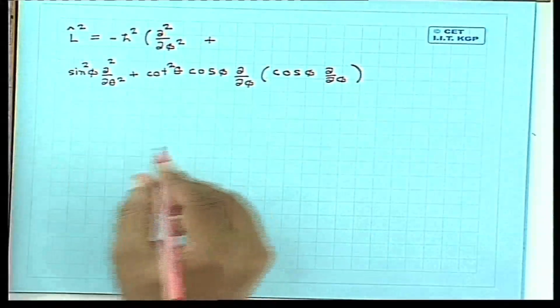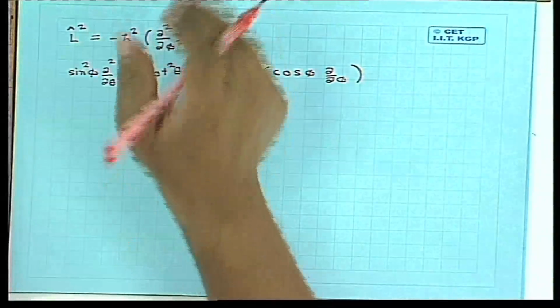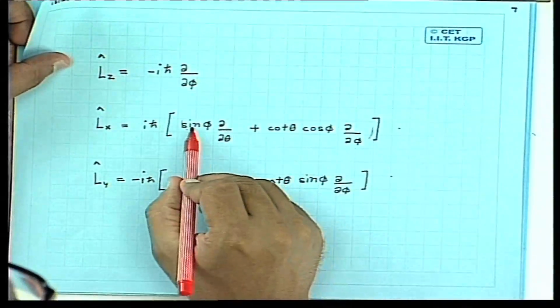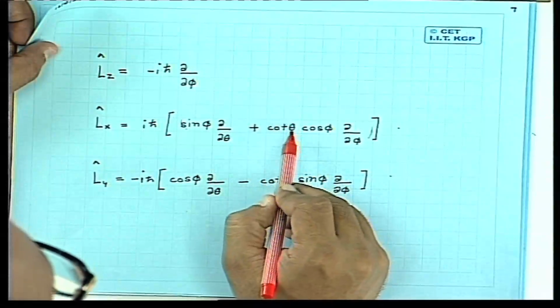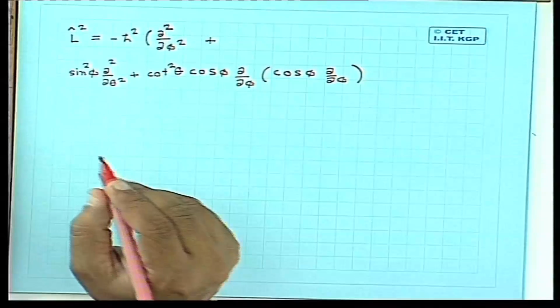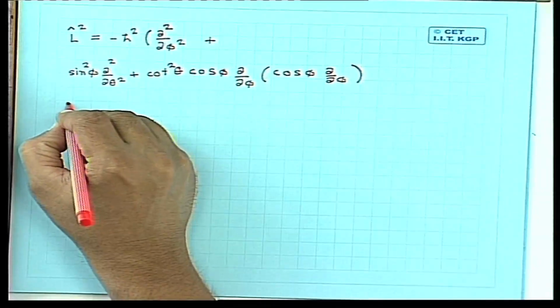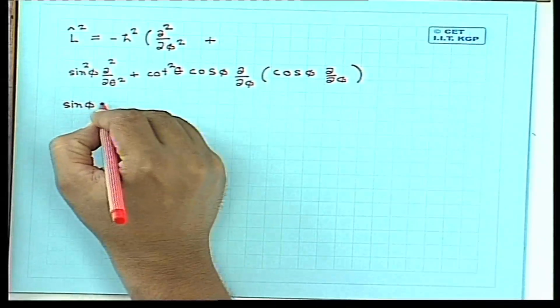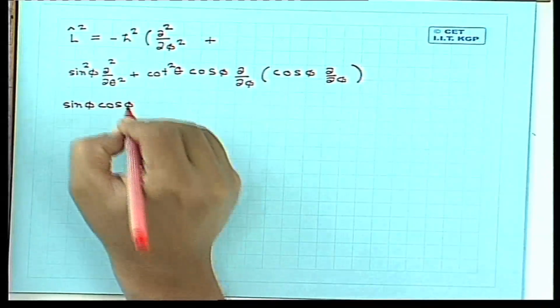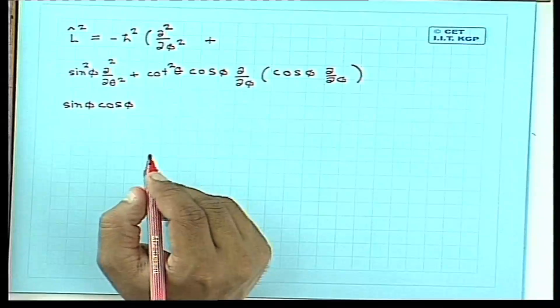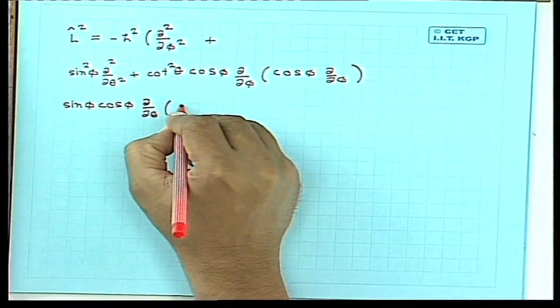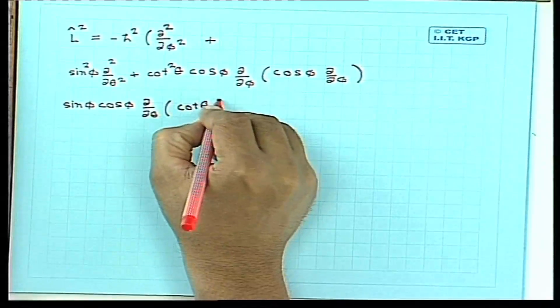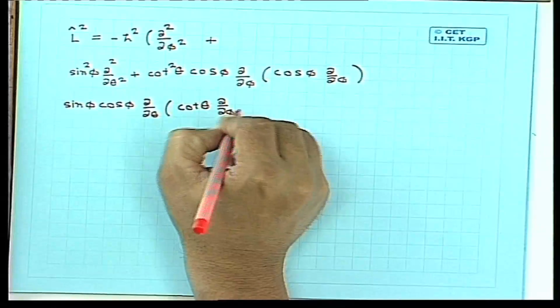Now we have the cross terms. There are two cross terms. The first cross term will be the product of these two operators. Del del theta will act only on cot theta. So I have one term which is sin phi cos phi del del theta acting on cot theta del by del phi.